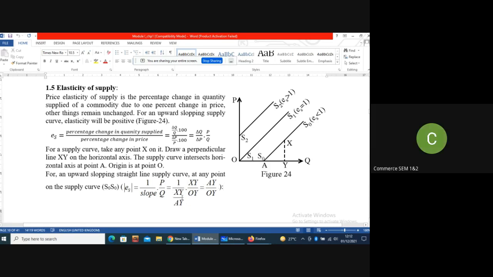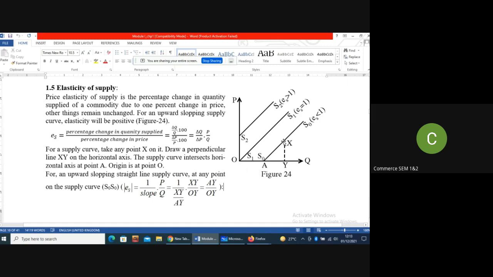Anyway, so this slope is XY divided by AY, here 1 by slope, multiplied by price. At this point X, the price is this distance, which is exactly equal to this distance XY. So here we have written XY divided by output Q. What is Q?